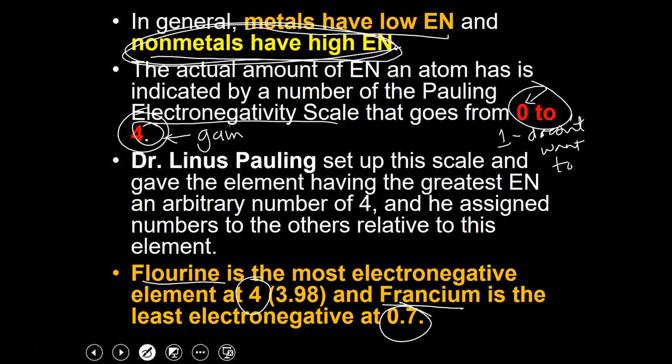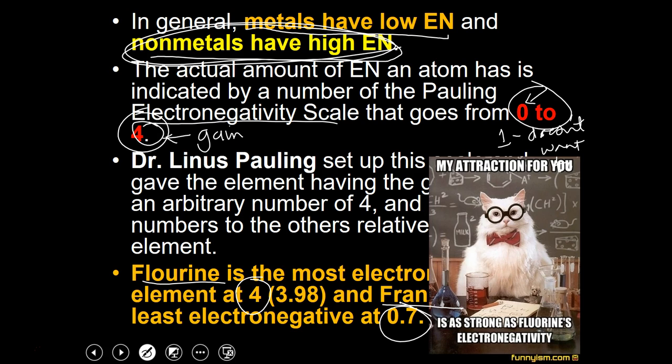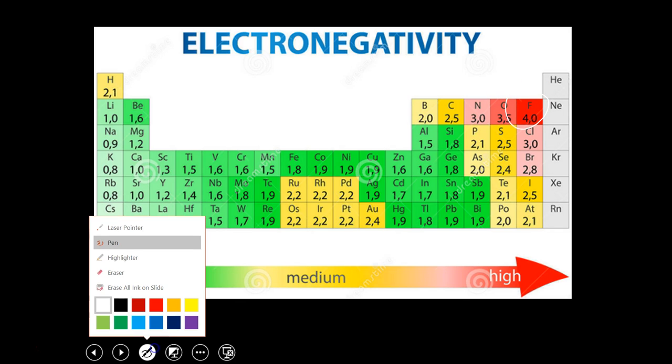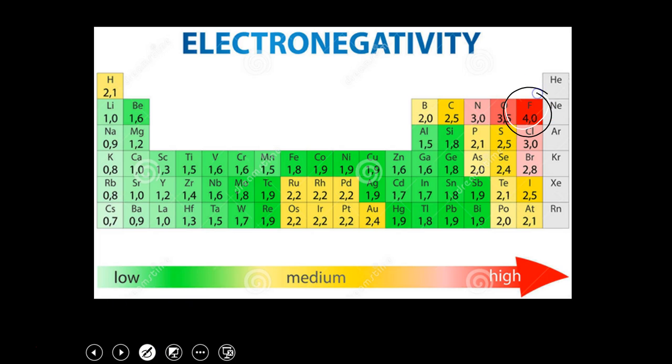And if you look at their location on the periodic table, it should make sense. So fluorine, group 17, has 7 valence electrons. It really just needs to gain 1.